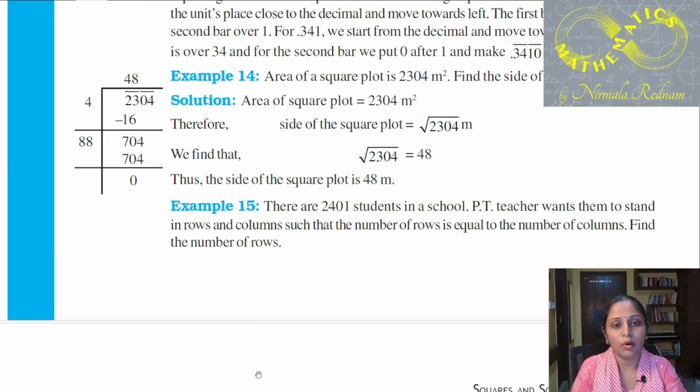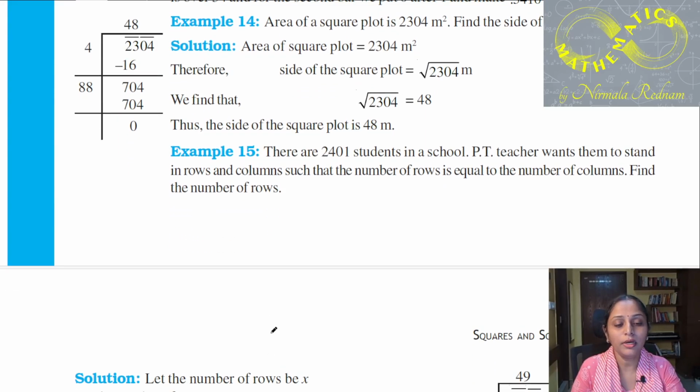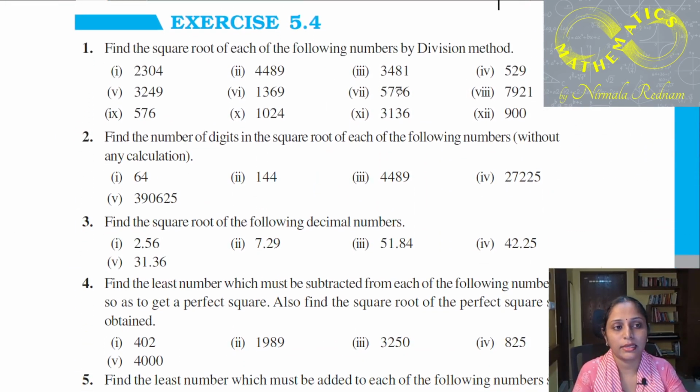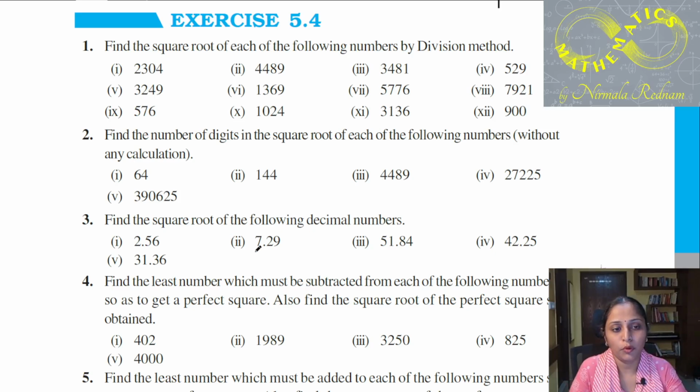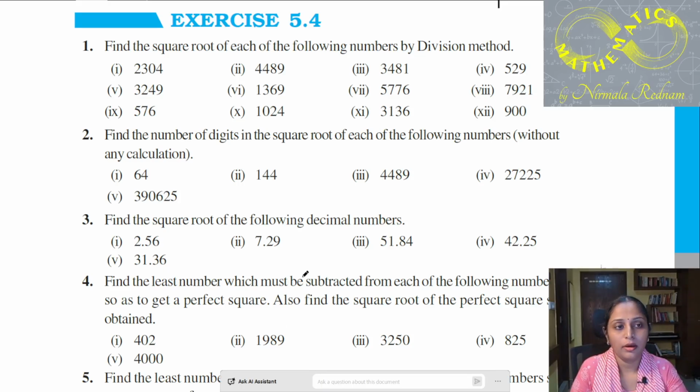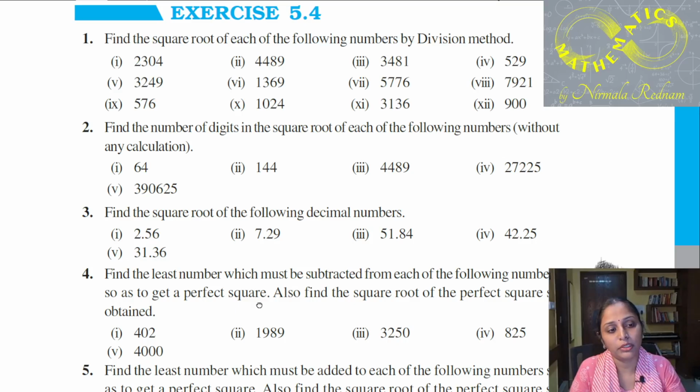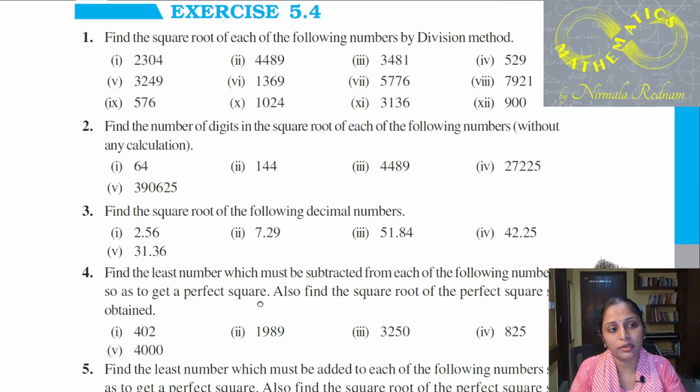So that is about finding the square root of a decimal number, and then they have given a couple of word problems and then the exercise, 5.4. Here, you can see that we have a lot of calculation sums, and I'm going to be uploading a video similar to the one I have uploaded for 5.3 because there's no explanation here as such.